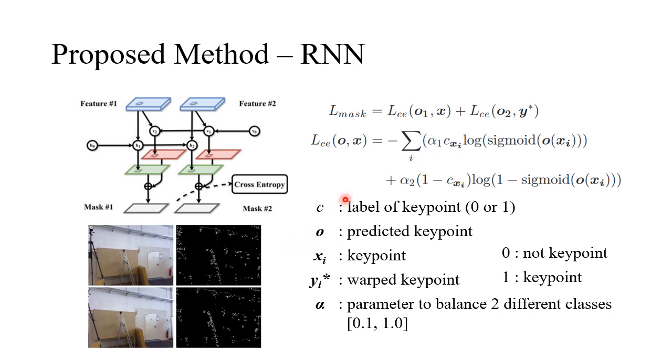And to balance the weight of those two classes, they've got the alpha parameters, alpha 1 and alpha 2, to balance the different classes, and they are set to 0.1 and 1. This one is for the key point class, and this is for the not key point.